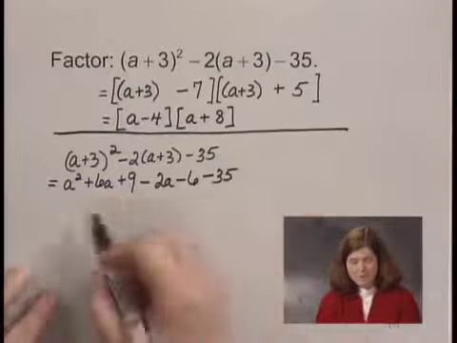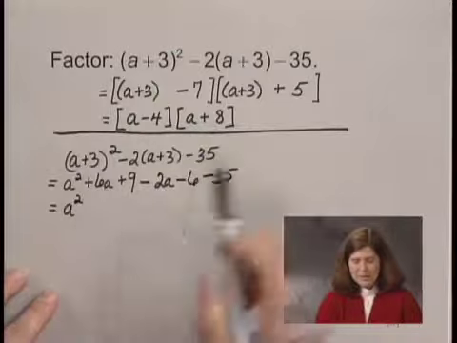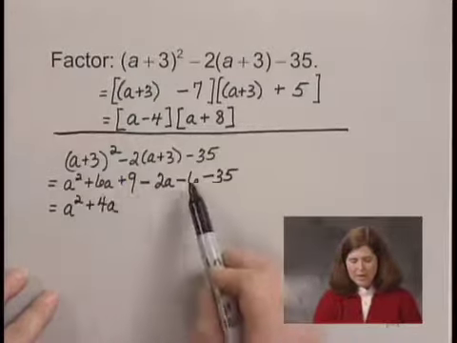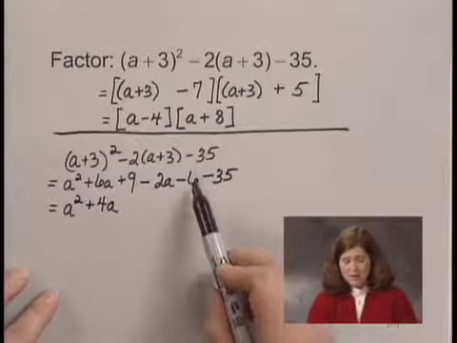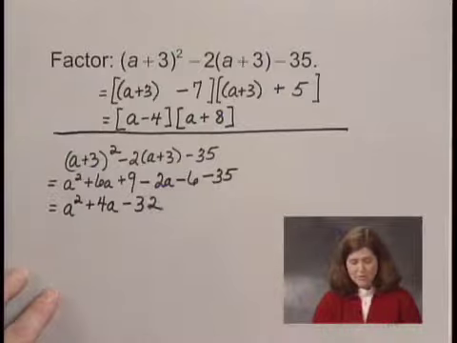Now I combine some like terms, and I have a^2, 6a minus 2a would be plus 4a, 9 minus 6 is 3, 3 minus 35 would be minus 32.